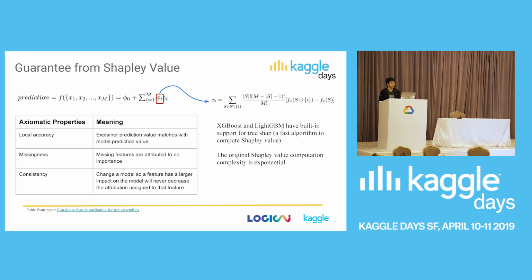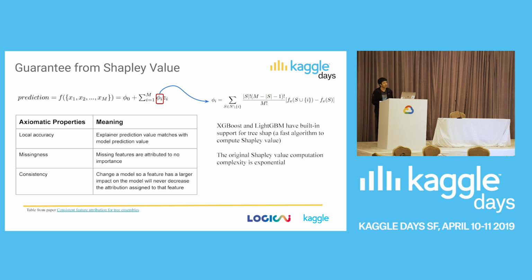This table is actually from the paper called Consistent Feature Attribution for Tree Ensembles. It satisfies local accuracy. What does that mean? If you compute the Shapley values directly, they sum up to your prediction. So you can decompose your final prediction into how much each feature contributes.